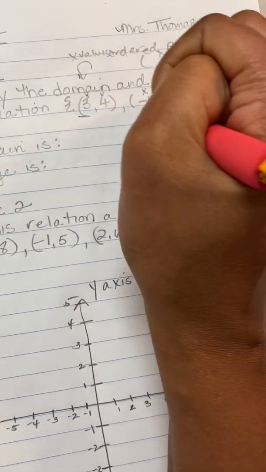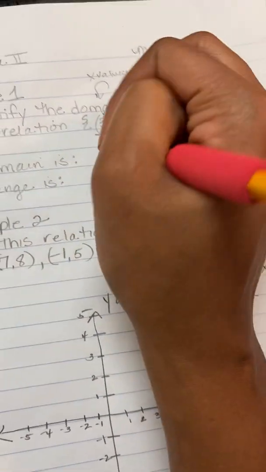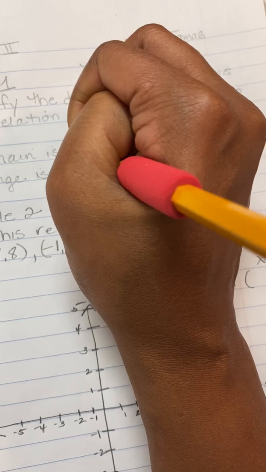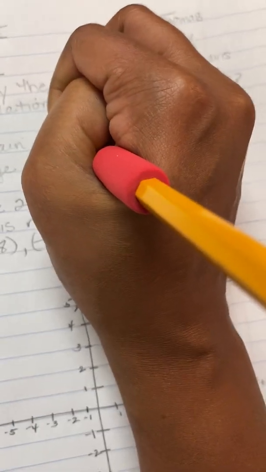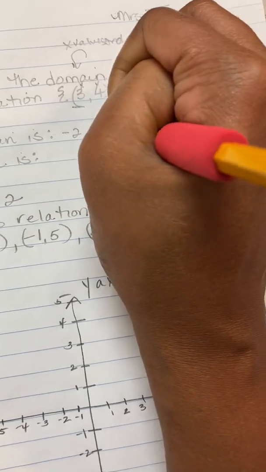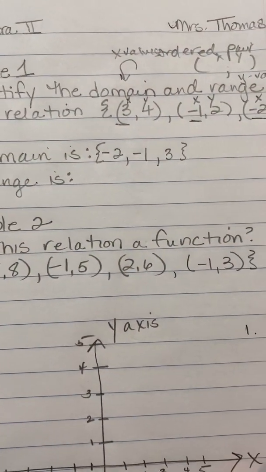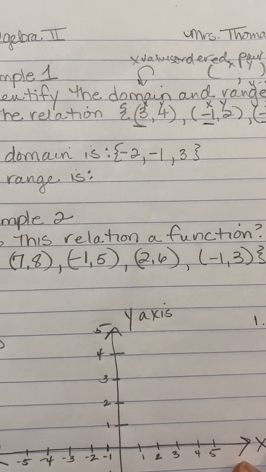I'm going to underline my x values and put them in order, 1 and 3 with a nice little bracket around it, from least to greatest.